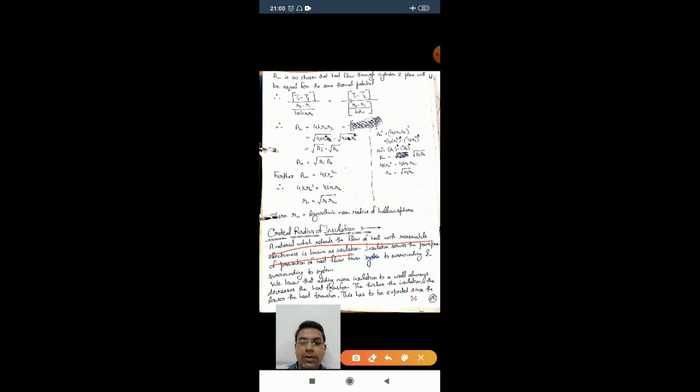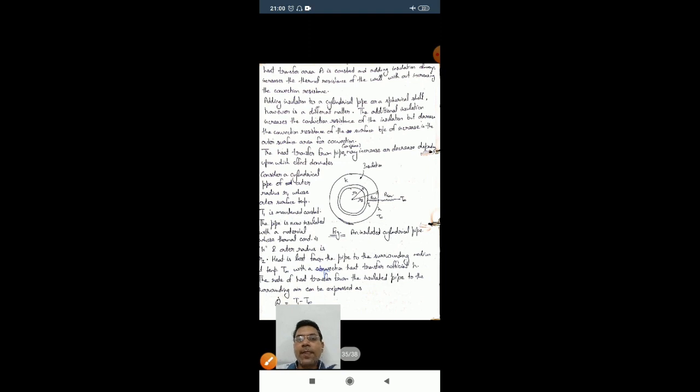This is to be expected because, as I said earlier, area is constant. But what will happen if adding insulation to a cylindrical pipe or a spherical shell decreases the heat transfer? Is it true? Might not be. Why? Let's see.